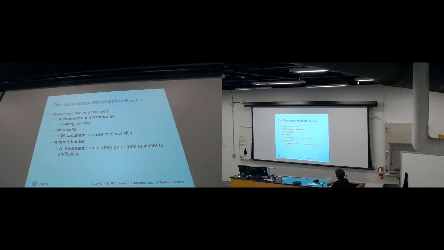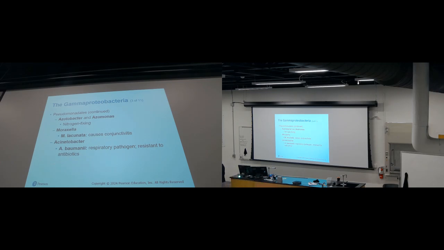More members of gamma proteobacteria, Azotobacter and Azomonas, are nitrogen-fixing bacteria. We have Moraxella lacunata, specifically, that causes conjunctivitis, or infection of the external membrane of your eyes, and Acinetobacter, that also is a feared bacteria in the hospitals.